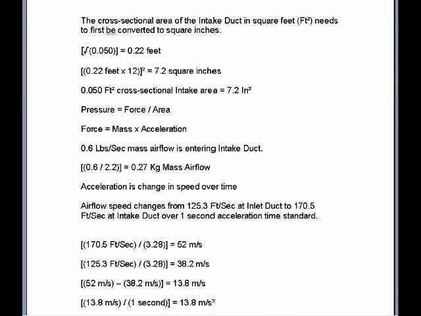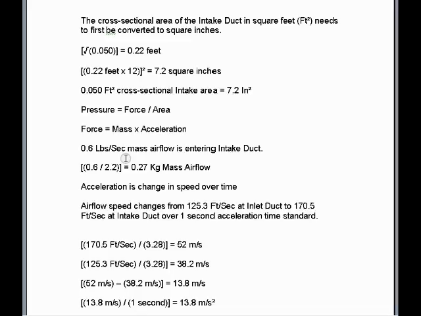The cross-sectional area of the intake duct in square feet needs to first be converted to square inches. So the intake duct cross-sectional area of 0.05 square feet, if you take the square root of that, you will get a linear feet of 0.22 feet multiplied times 12 to get inches, then squared. 0.05 square feet will equal 7.2 square inches.